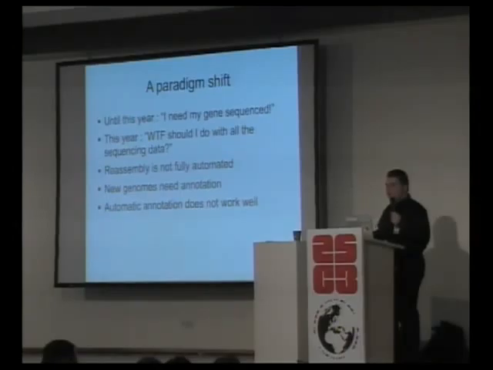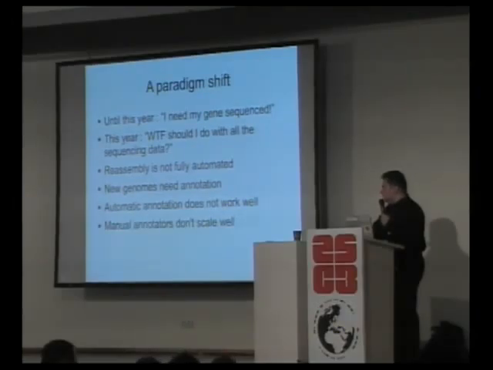If you let the best software run over a human genome today, you'll get probably 50% false positives and 50% of the genes that it misses. So automatic annotation is not the solution, at least not now.